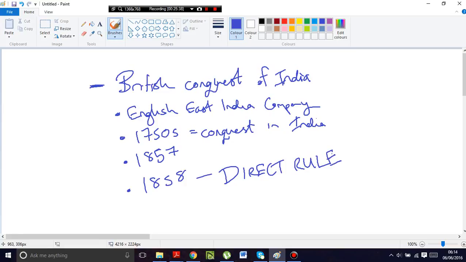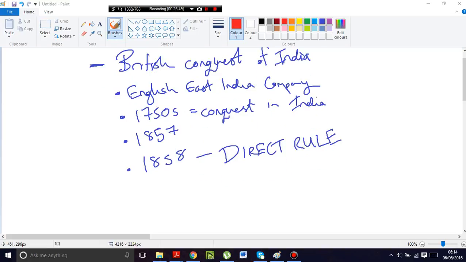Okay, so no more East India Company, but now direct British imperial rule. So under the new administration, Queen Victoria, who was reigning in this period, assigned responsibility for Indian policy to the newly established office of the Secretary of State for India.